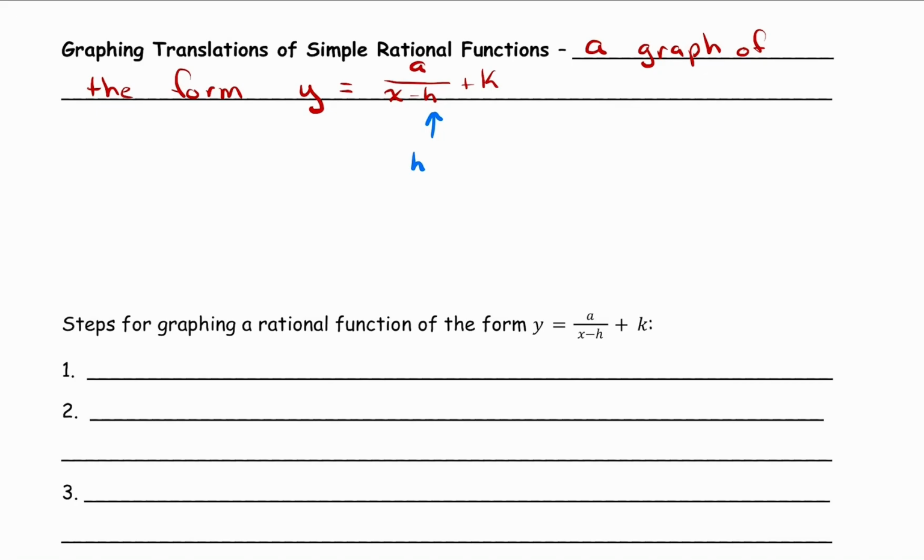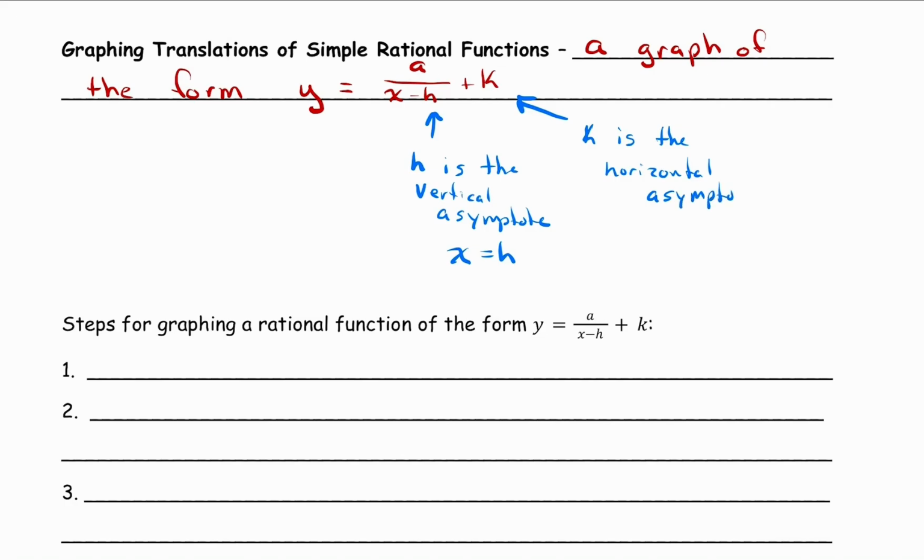So what this means is h is going to be the vertical asymptote, so x equals h is going to be your vertical asymptote, and our k is going to be the horizontal asymptote, where y equals k.